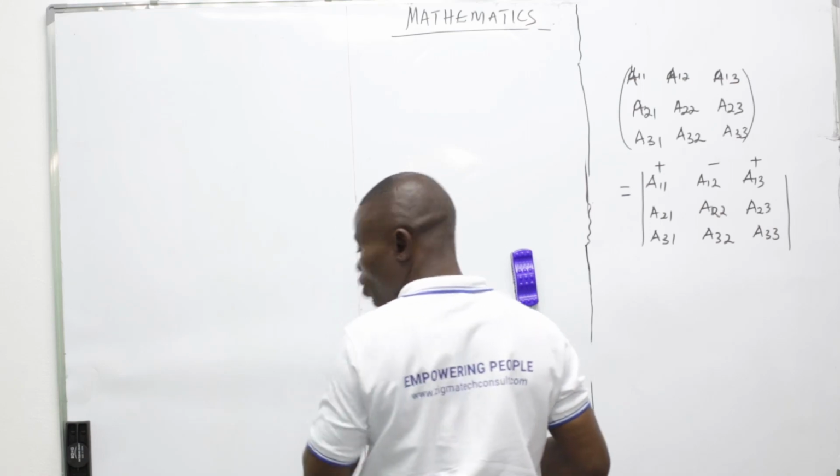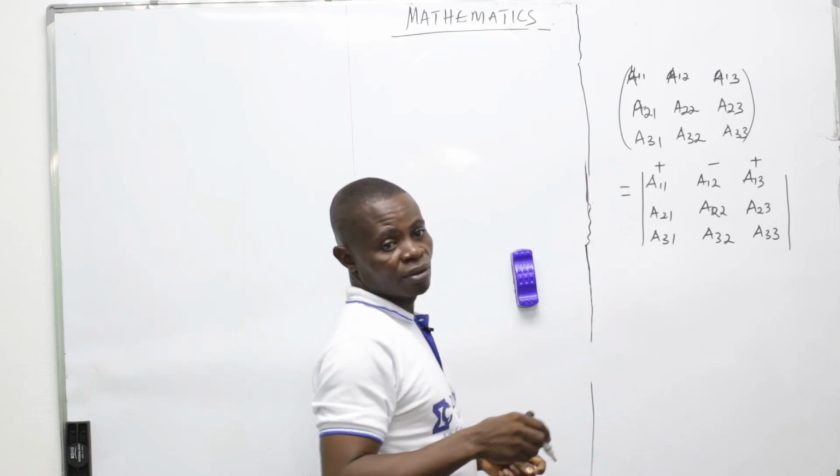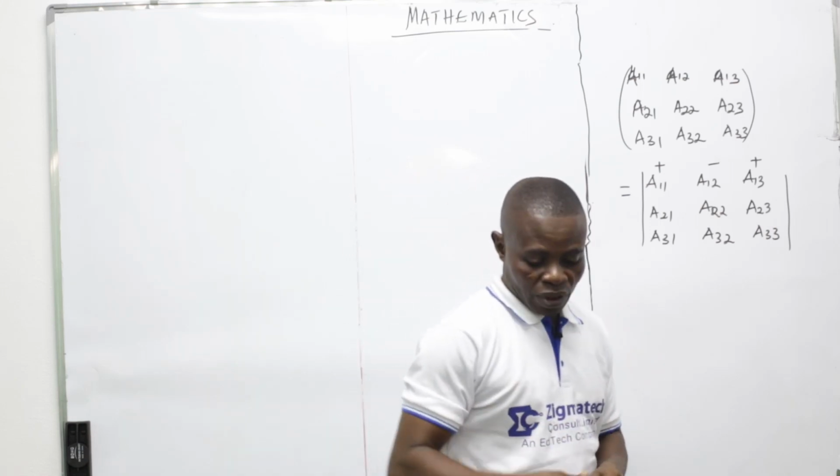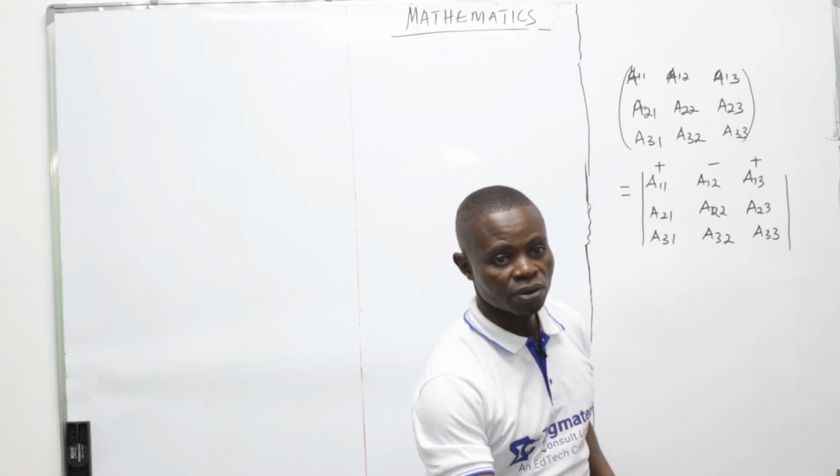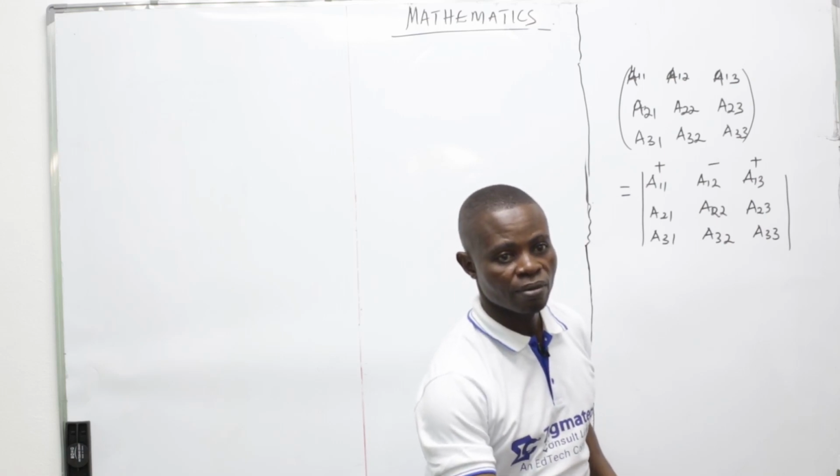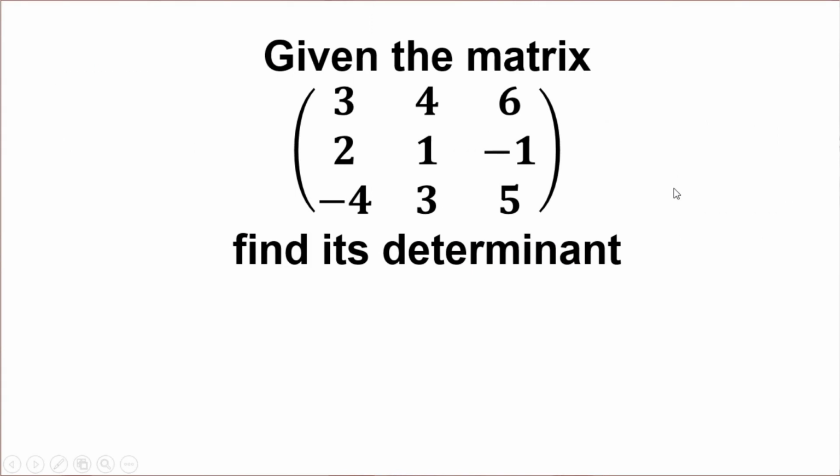So what you are going to do here now, let's take one example. Find the determinant of this matrix: 3, 4, 6, 2, 1, minus 1, minus 4, 3, 5.